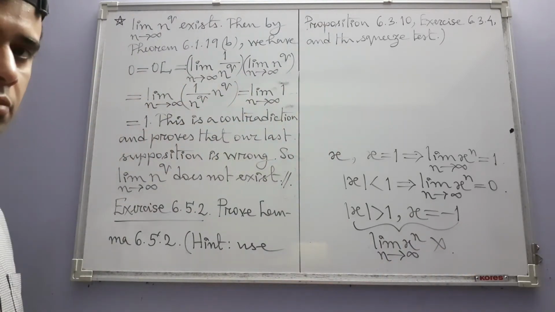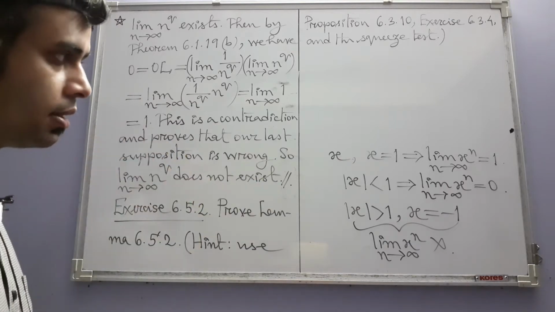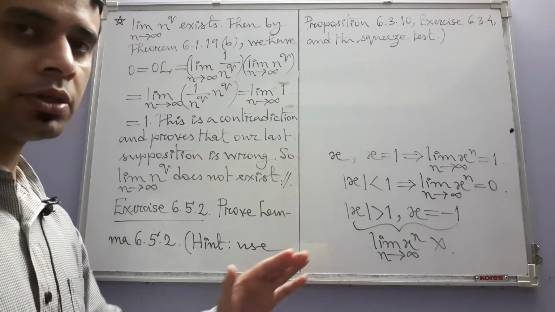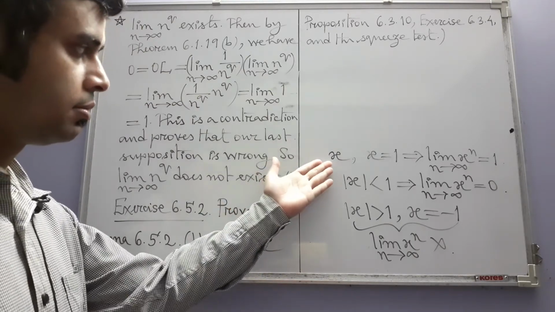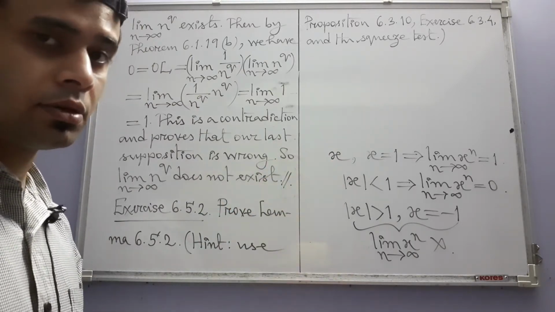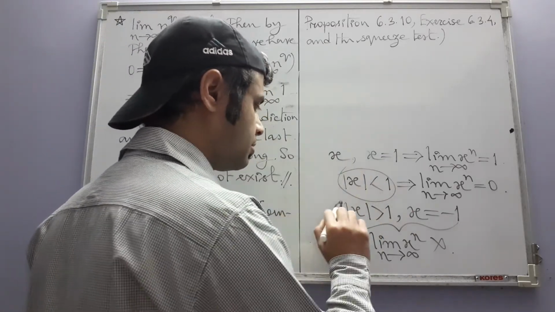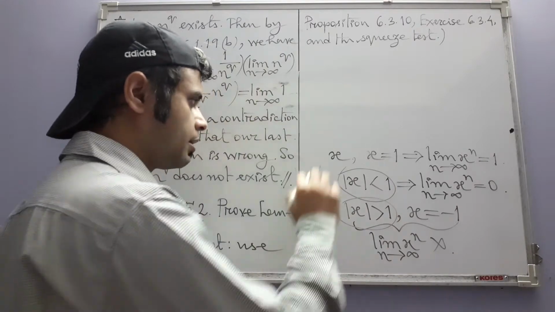Okay, so that's what we have to prove. You see that all the possibilities of the real number X have been covered here. This case, of course, is one case. This is another case. So what else is there?